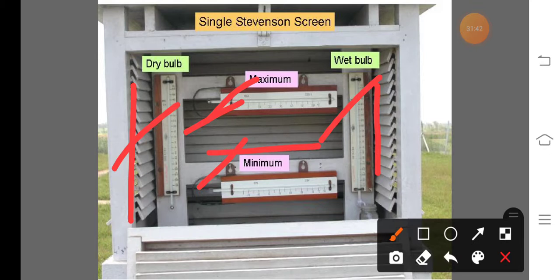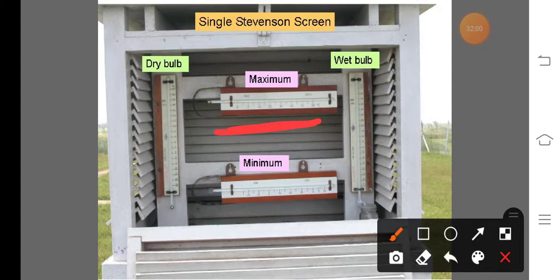Now we discuss the different thermometers, that means the maximum, minimum, dry and wet bulb thermometers, and also their principle of working. First, the maximum thermometer. This thermometer is kept horizontally on the upper side of the single Stevenson screen.